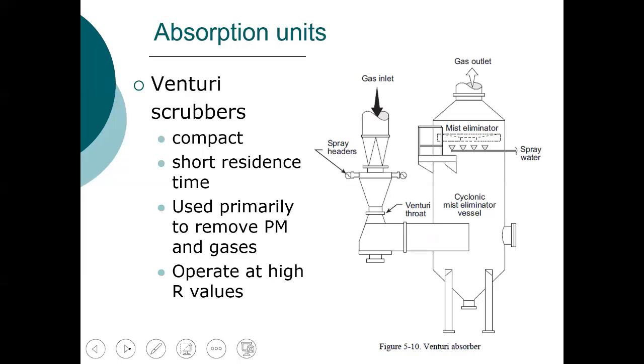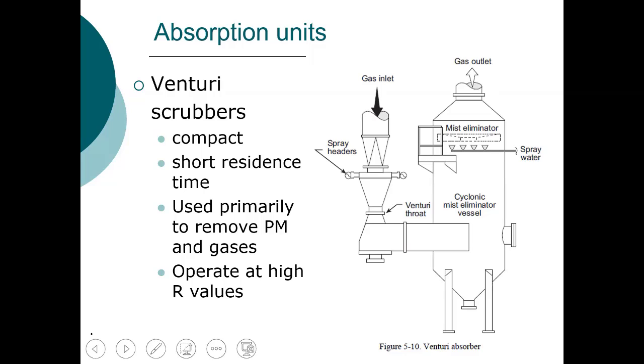And then finally, we have the Venturi Scrubber, again, similar to what we talked about before. These are typically used when you're removing particulates and the gas. And these typically have much higher pressure drops than the other units that we just looked at.